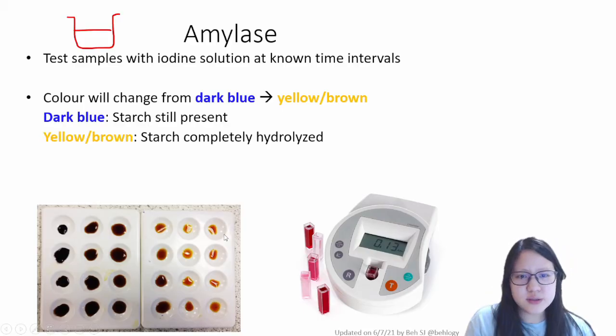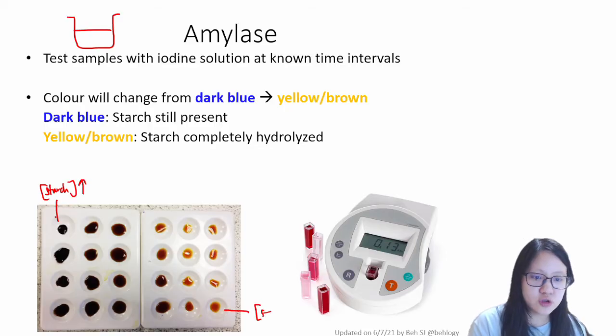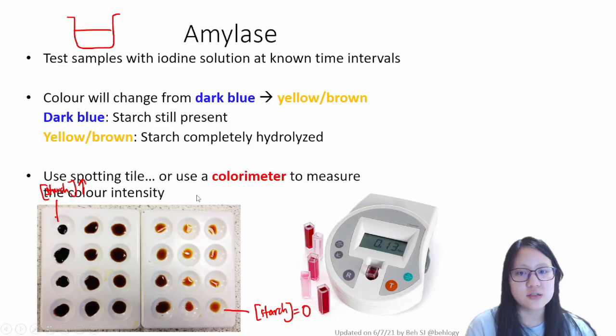And this tells you that starch is completely hydrolyzed and converted into maltose already. So in the beginning of a reaction, starch is present, its concentration is high, whereas at the end of the reaction, there is no more starch. Starch concentration equals 0, leading to a negative iodine test result.